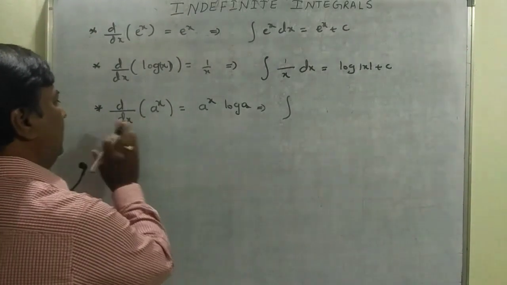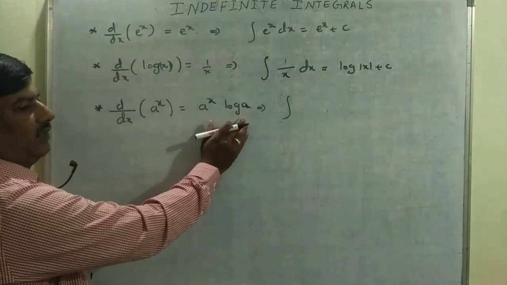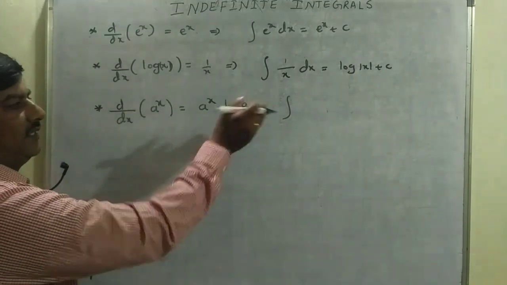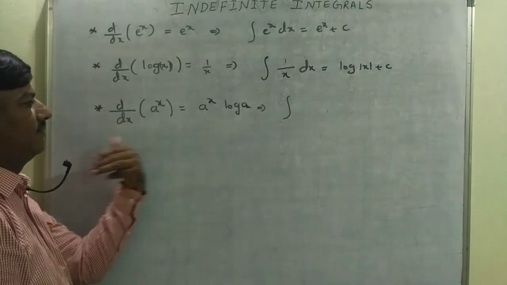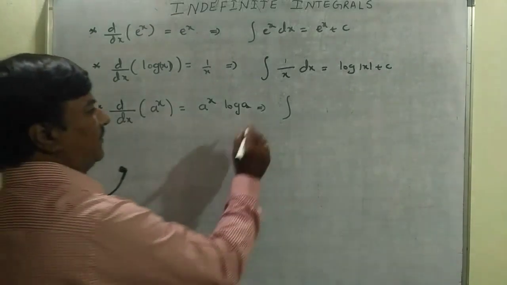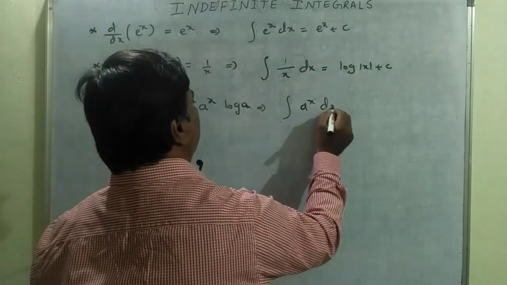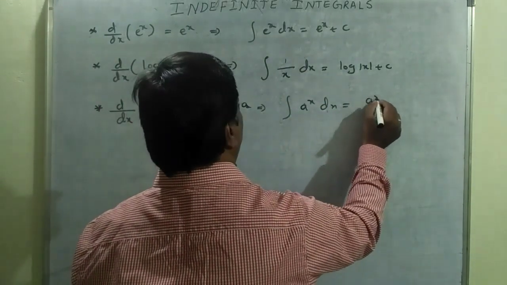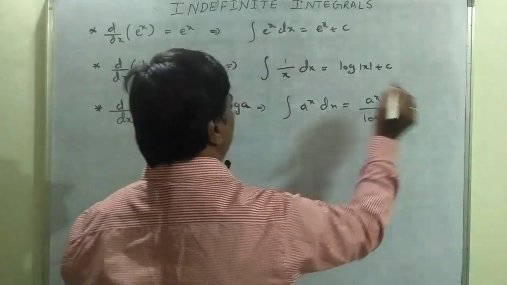We know this differentiation, and the reverse process is integration. Once again, d by dx of a power x is equal to a power x into log a. This log a is sent to the left side, and the derivative sent to the right side becomes integration. We get the integral of a power x dx is equal to a to the power of x divided by log a plus c.